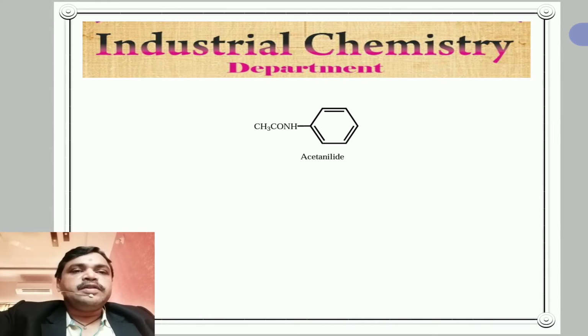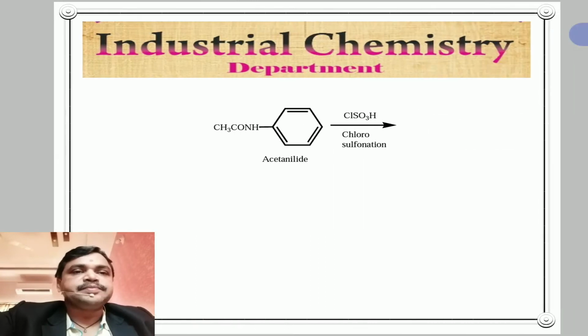First of all, for our main product sulfathiazole, we start with acetanilide. We carry out chlorosulfonation of acetanilide in the presence of chlorosulfonic acid, ClSO3H.